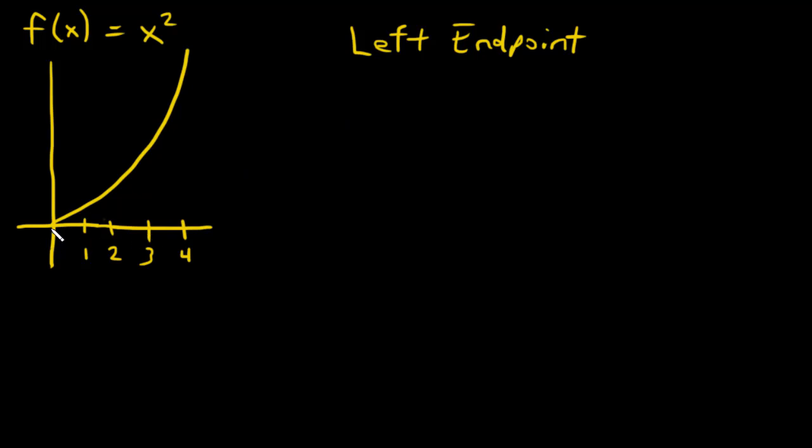So if I build my rectangles based on the left side, I'm going to go from 0 to 4, and n equals 4. So I take the height of the left side and make a rectangle. Height of the left side, make a rectangle. Height of the left side, make a rectangle.